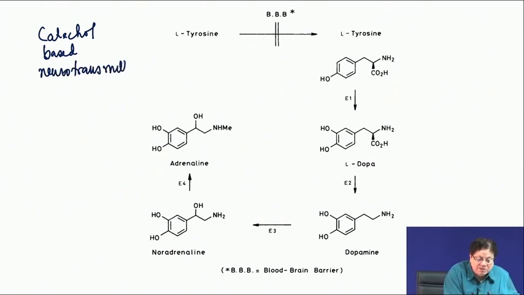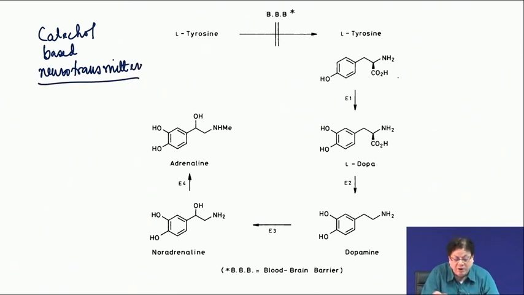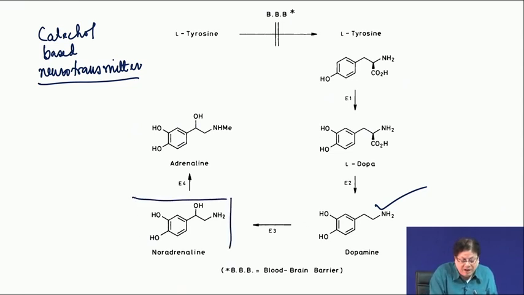Now, the compounds that belong to this class are dopamine, that is dihydroxy phenyl ethylamine, and also noradrenaline, and the third one is adrenaline.